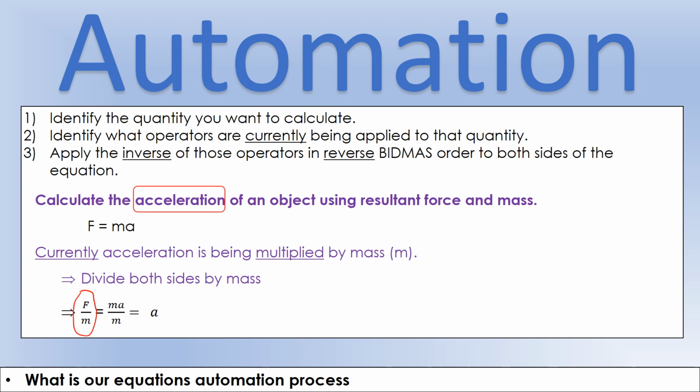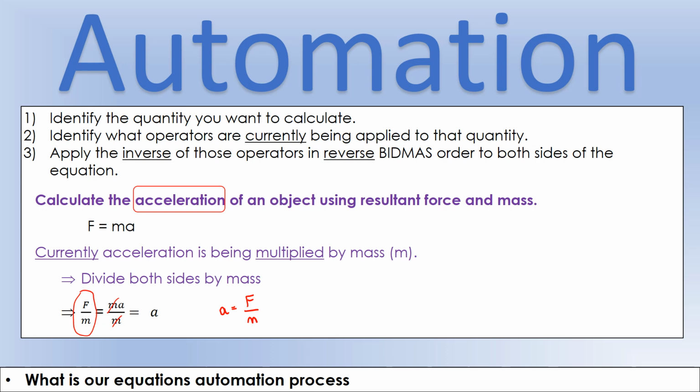And what you'll notice is the m's cancel out, and you get left with acceleration. So what we've got now is our equation that we need to calculate our acceleration. We're going to put in the resultant force, and we're going to divide it by mass, and that will give us the acceleration. And that's just applying those 3 things.